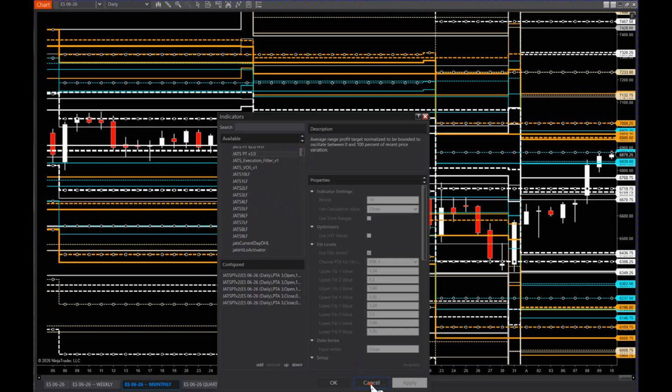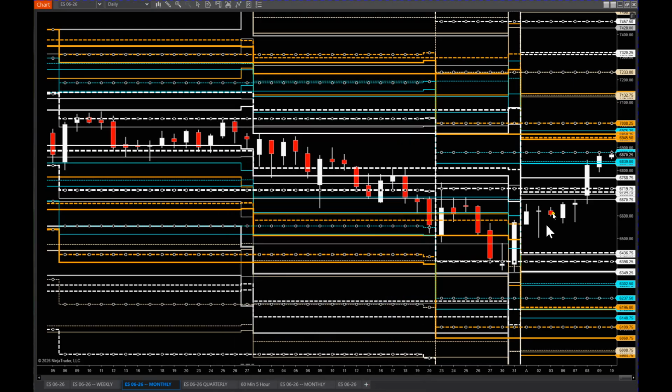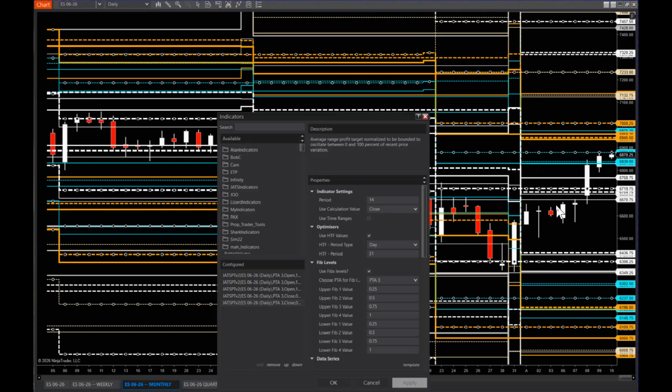That's Jats profit targets, and this is my third iteration of it. And if you right click it, go to properties, PT for probability targets. And the second standard deviation is your expected move. So it's the expected move of the dealer range. And here this is set to 31 days.